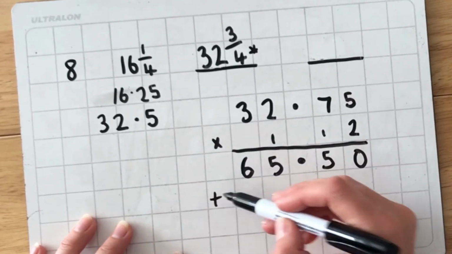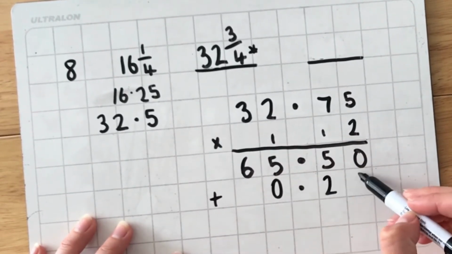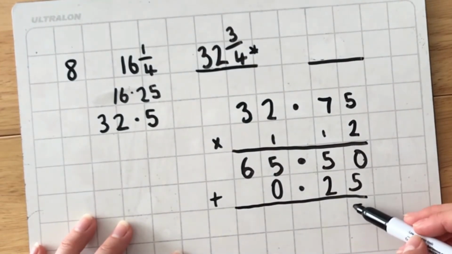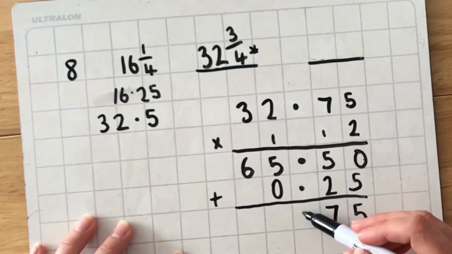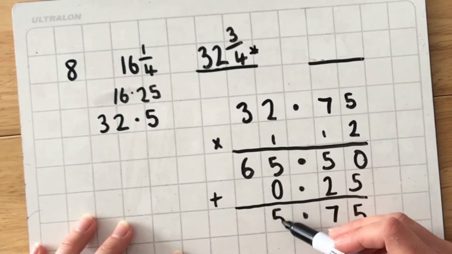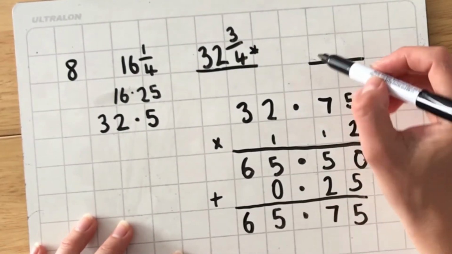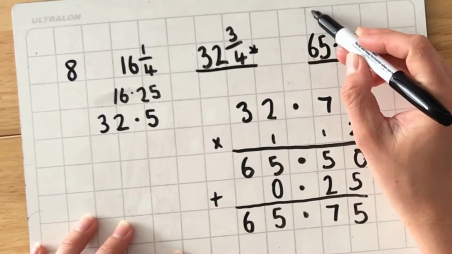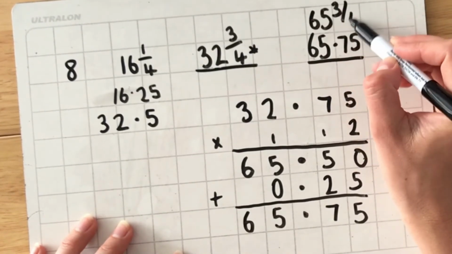And then your last step, add on a quarter. Your quarter is equivalent to 0.25. So 0 plus 5 is 5. 5 plus 2 is 7. 5 plus nothing is 5. 6 plus nothing is 6. So that's 65.75 or 65 3/4.